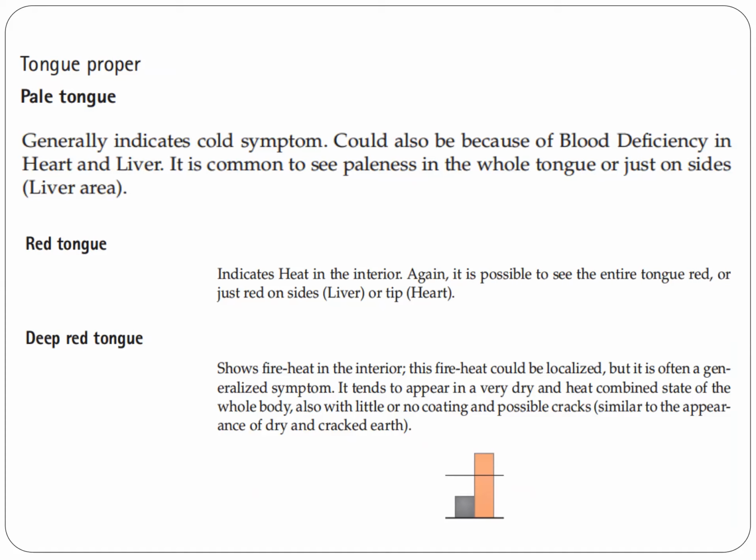This fire heat could be localized, but if it is a generalized symptom, it tends to appear in a very dry and heat combined state of the whole body, also with little or no coating and possible cracks, similar to the appearance of dry and cracked earth. Okay.